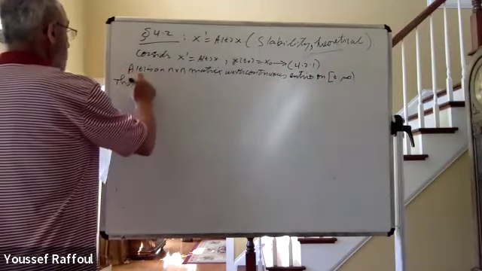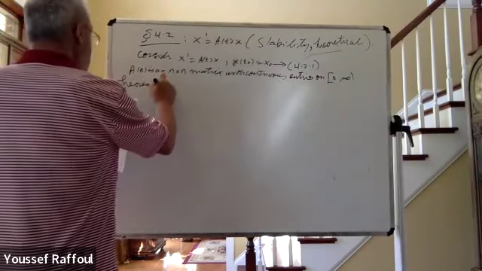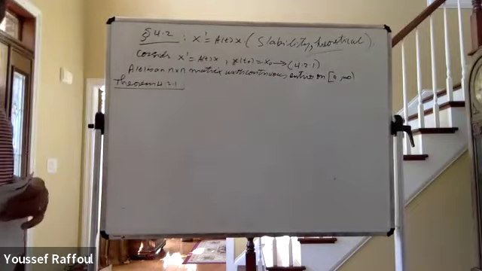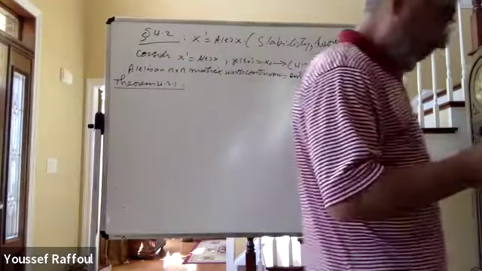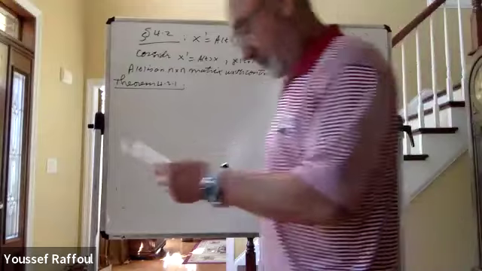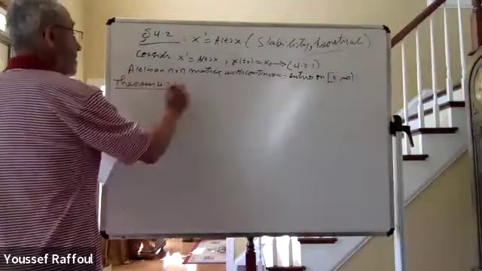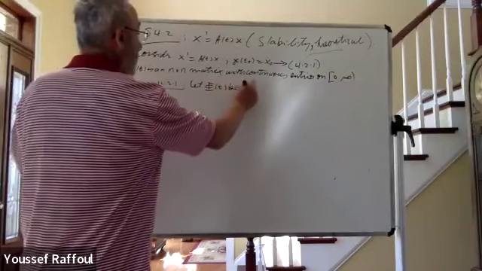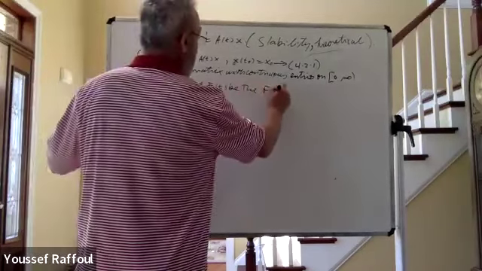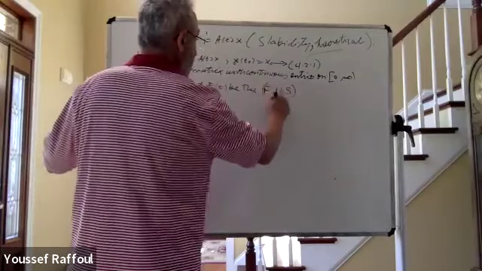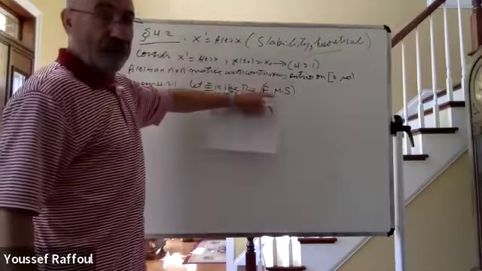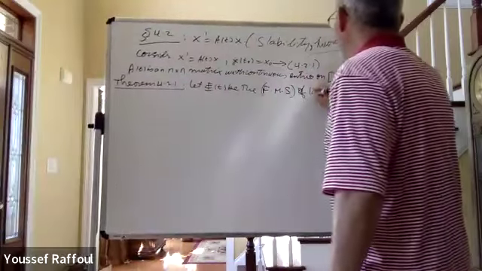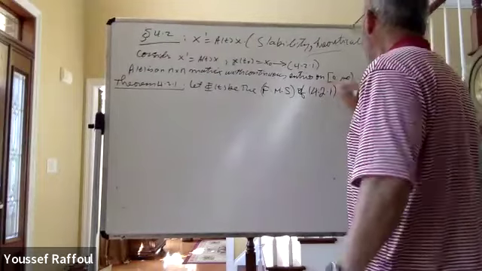And we begin with theorem 4.2.1. So these are abstract theorems. It says, let phi(t) be the fundamental matrix solution of 4.2.1.